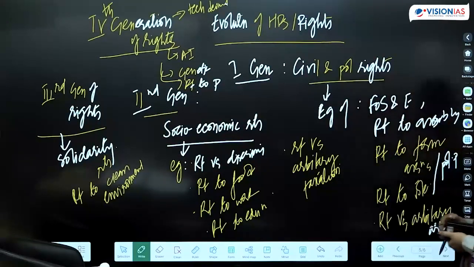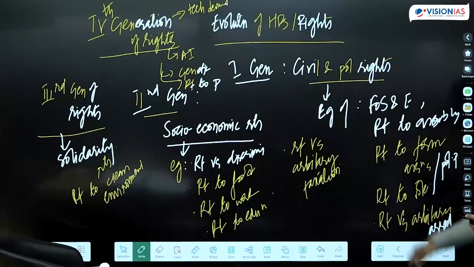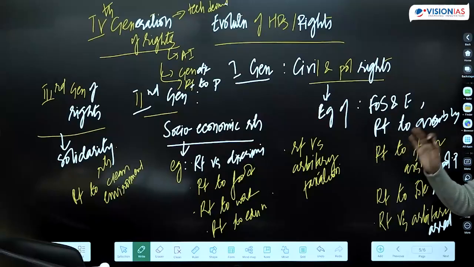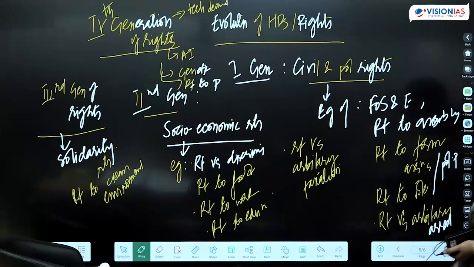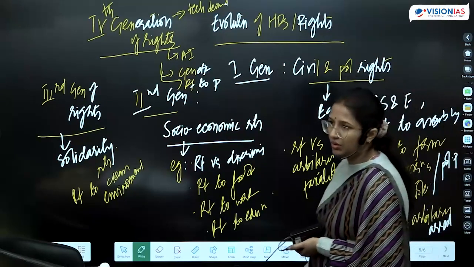Fine. So you find that human beings' conception of rights over the years has passed through phases. We have broadened our conception of right. We started with the demand of civil and political rights. Then we started demanding socio-economic rights.